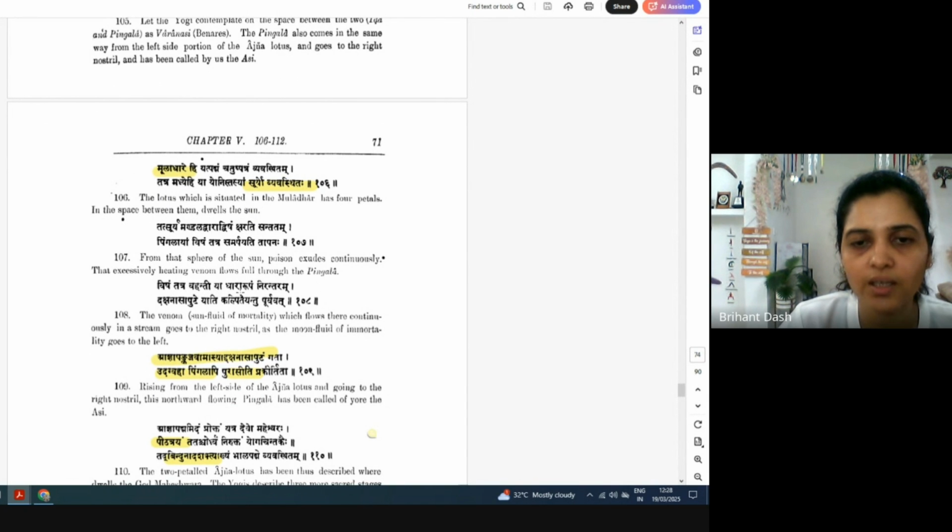Vishamtram Vahanti Yadhara Rupam Nirantaram. It flows continuously in the Pingla and it reaches to the right Nasapute, Kalpit and Purvata. And it is imagined that way, that it reaches to your right nostril. Right nostril represents Pingla, which represents Surya.